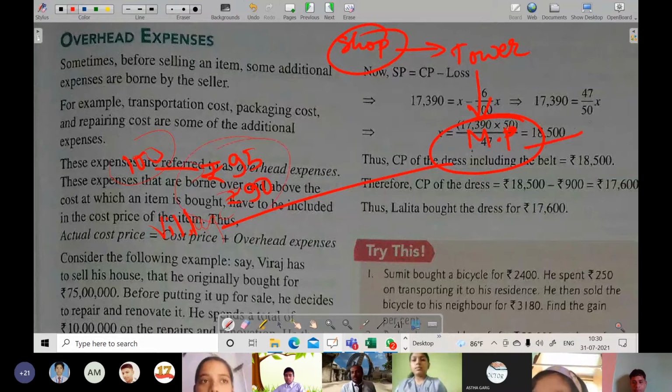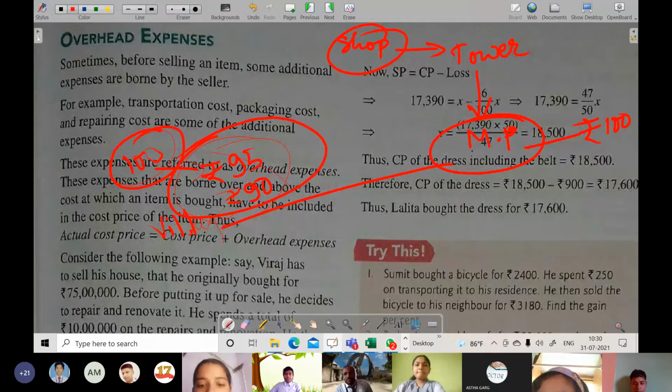Why is the big shop not reducing any money, but in a small village shop they are reducing 5 to 10 rupees? Do you know? Yes, sir. Say. They might be a friend, sir, that's why giving friendly discount.